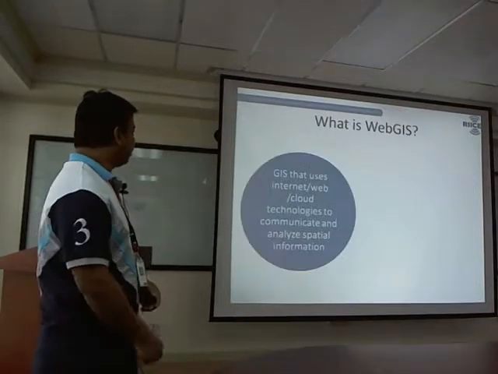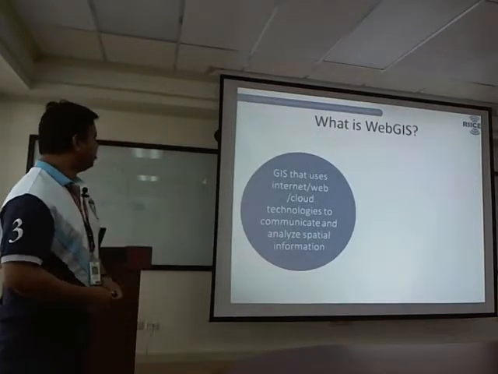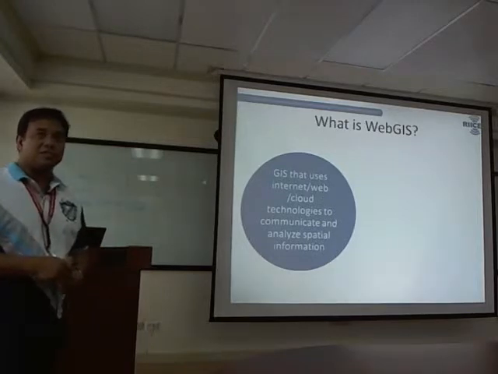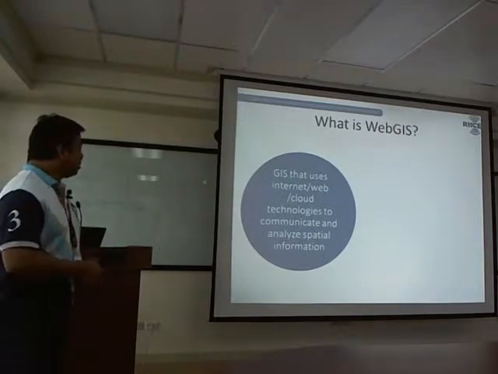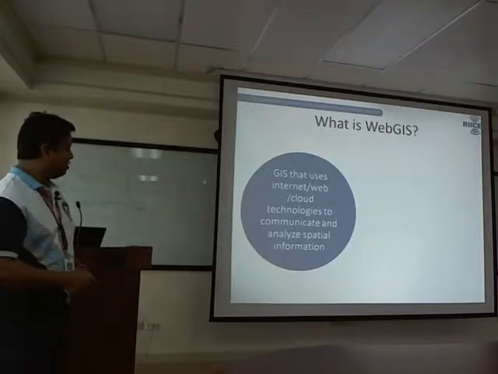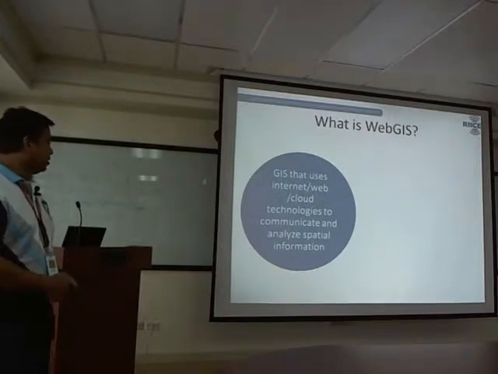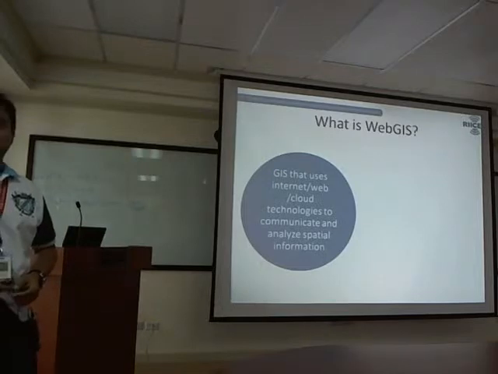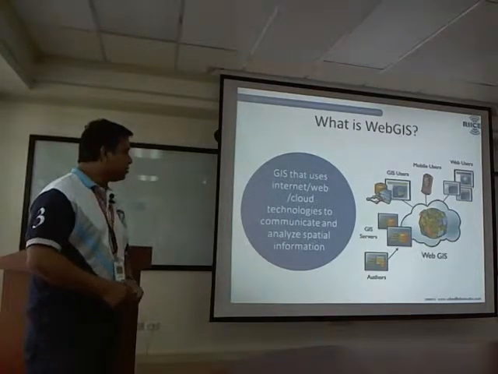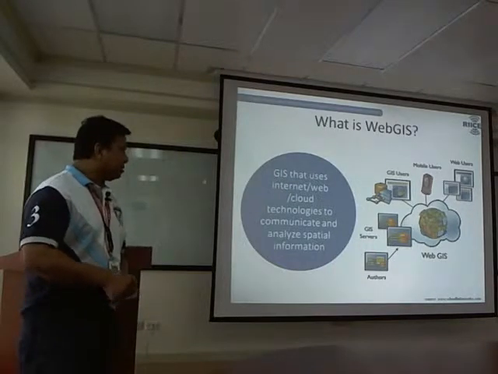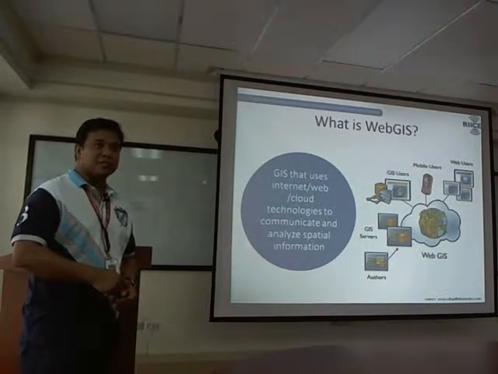What is WebGIS? Okay. WebGIS is basically GIS, or Geographic Information System, or science, as they call it, that uses internet, web, or cloud technologies to communicate and analyze spatial information. In this diagram, we create all the spatial layers or databases locally.